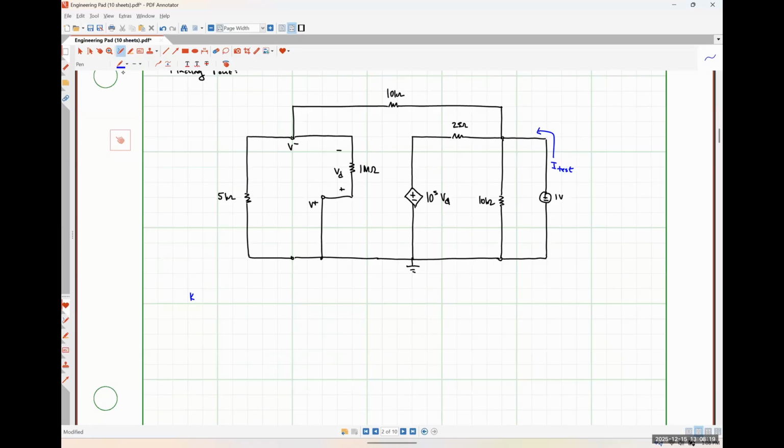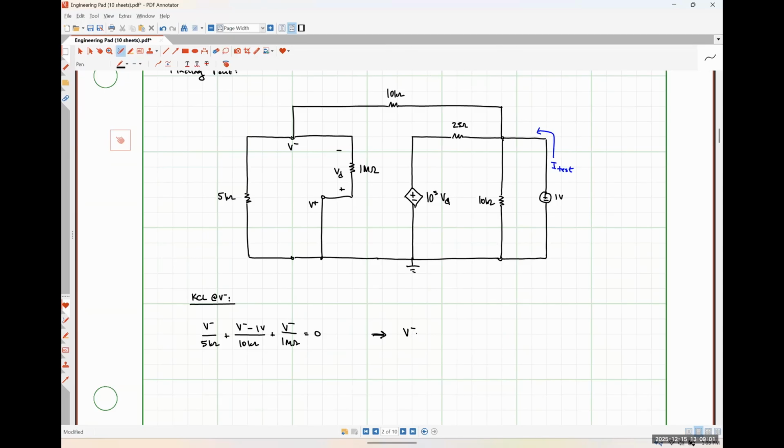What I'll get is V minus over 5 kilo ohms plus V minus minus 1 volt over 10 kilo ohms plus V minus over 1 mega ohm is equal to 0, which I can solve.